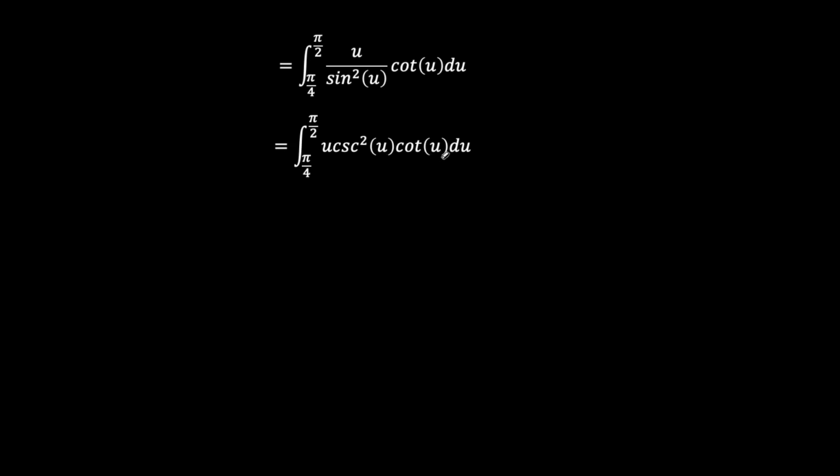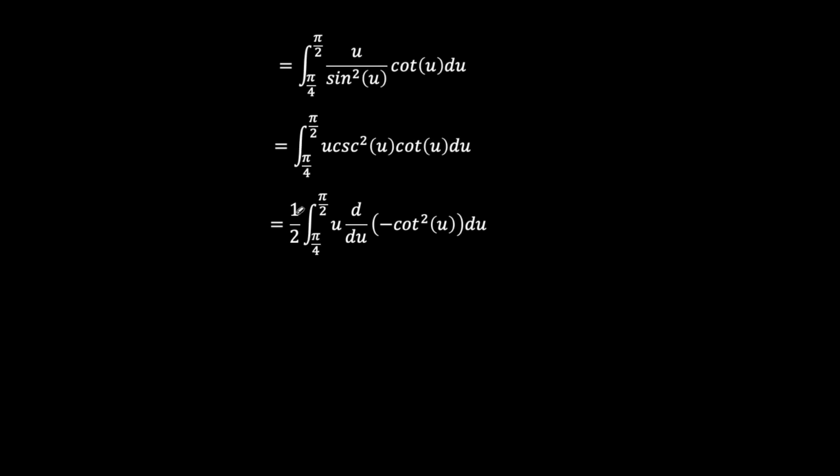And so the derivative of cotangent of x is negative cosecant squared x, and therefore we can express this as u times the derivative of the negative of cotangent squared of u. Now we could take this as a product, and we're going to try to use integration by parts.